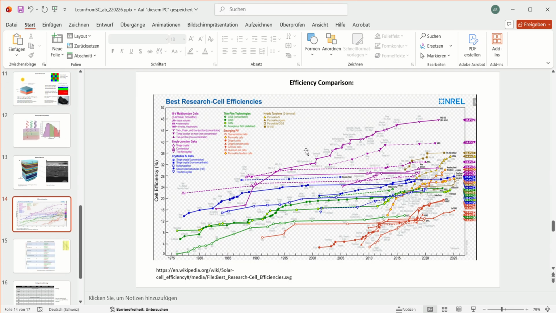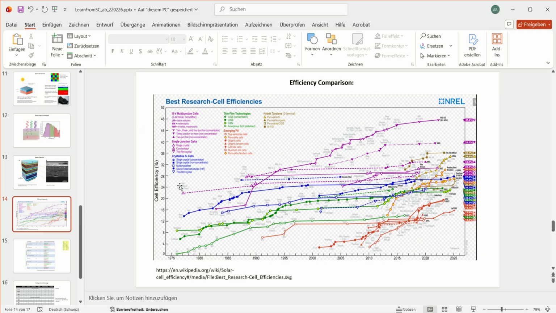So people are working on solar cells, and they're getting better and better. As you can see here, the cell efficiency, some experimental, these violet ones are more or less experimental cells. They reach almost 50% energy efficiency in the lab.